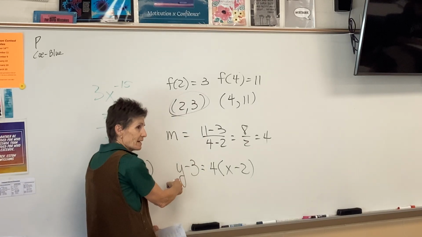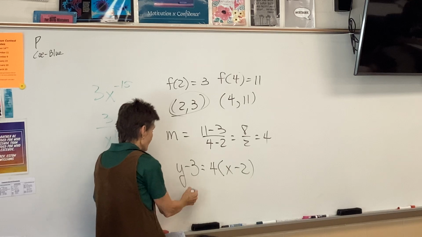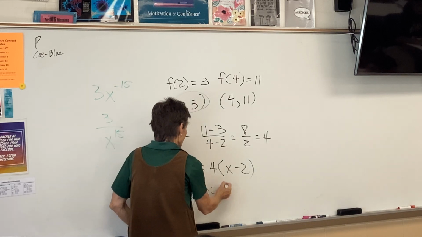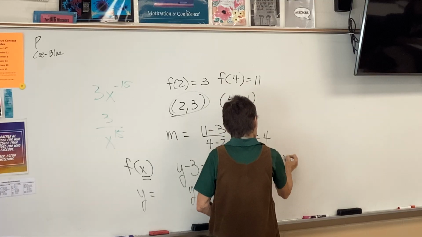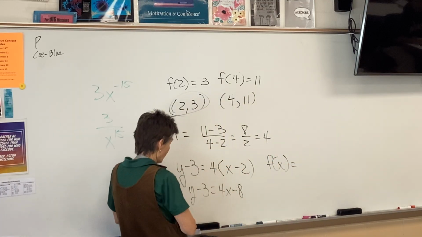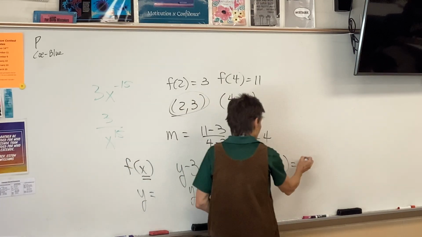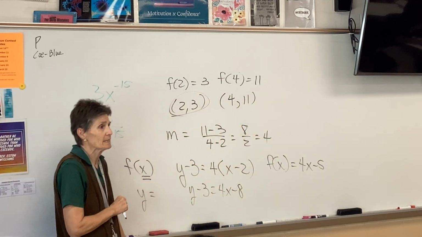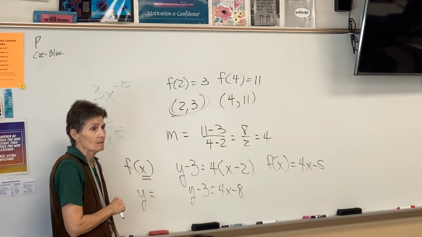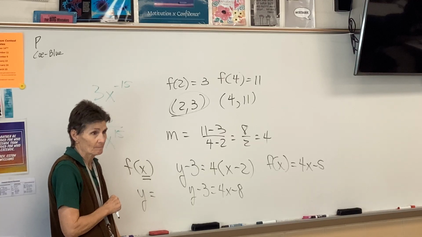I can't put it in for x right here, I have to have y by itself. So, y minus 3 equals 4x minus 8. It looks like my function, y equals 4x minus 5. And that is your linear function. That is your line.